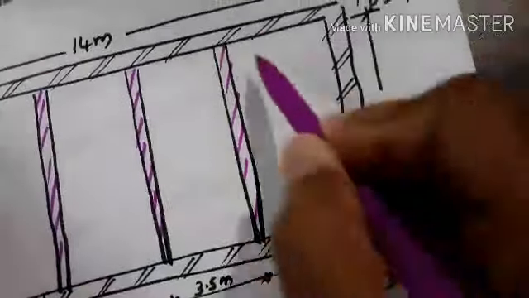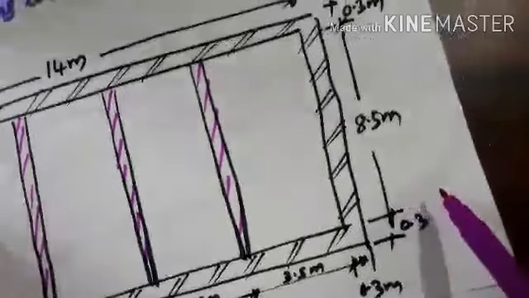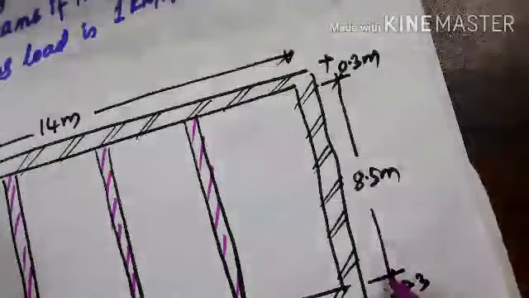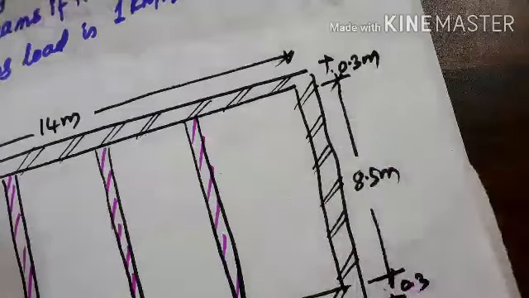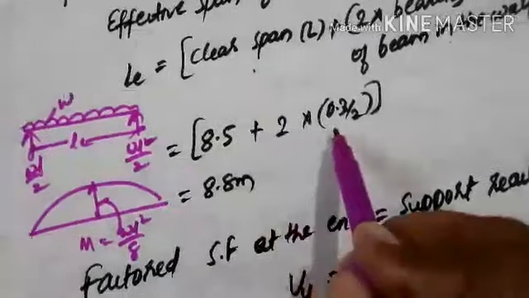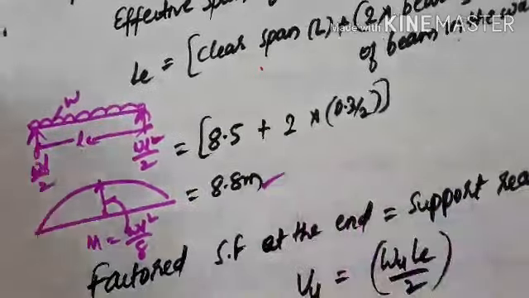See, this is the bearing, the effective span: 8.5 meter from end to end, the clear span, plus half of the bearing on this side and half of the bearing on the other side. That will be 8.5 plus 2 into 0.3 by 2, we get 8.8 meter.